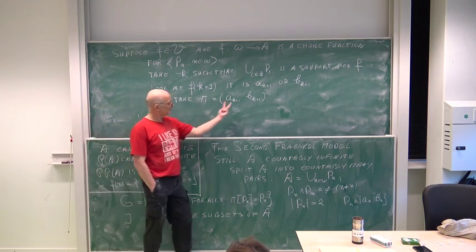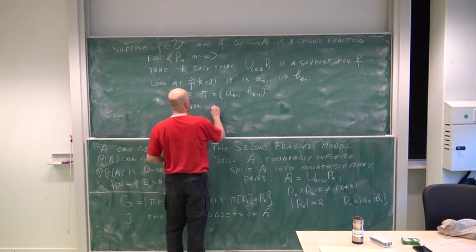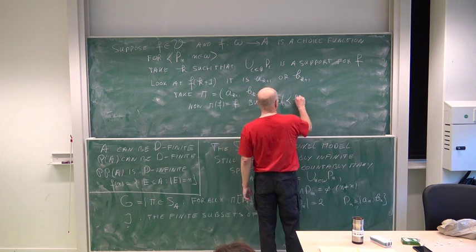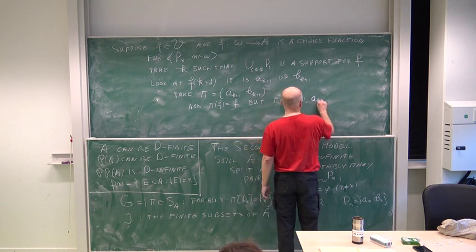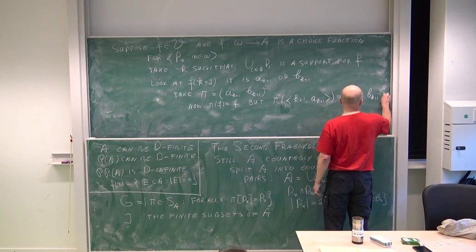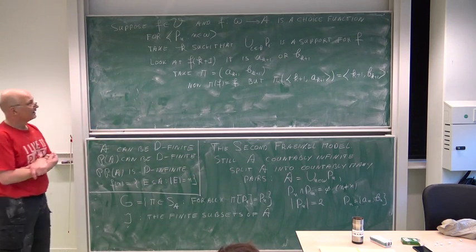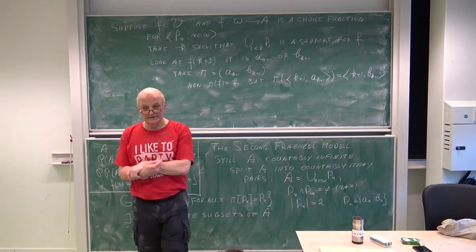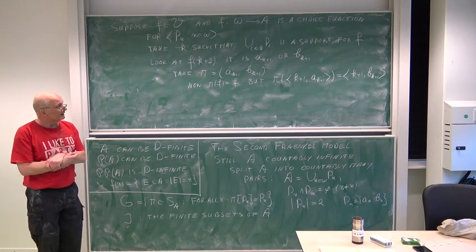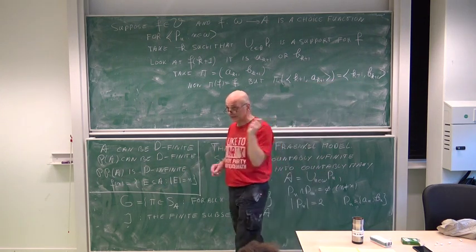So again, we just flip these two points of A, and well, pi of F is equal to F, but we know that if we take the pair k plus 1 comma A_{k+1} and let pi act on it, then the first coordinate stays the same, but the second coordinate changes from A_{k+1} to B_{k+1}.